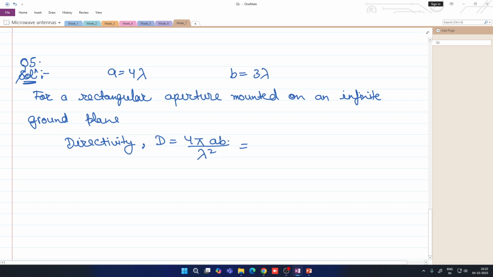Substituting A as 4 lambda and B as 3 lambda, divided by lambda square, it comes out to be 48 pi, which is 150.7964.